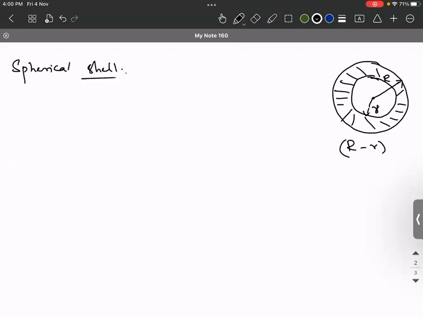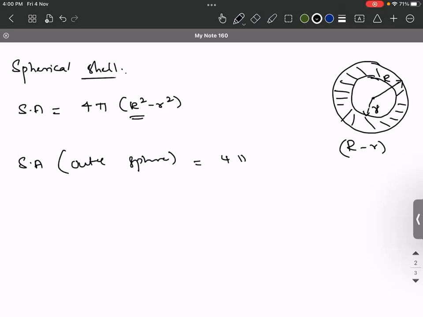what is going to be the surface area of it? Surface area will be equal to 4 pi into capital R square minus small r square. Why is it happening? Because the surface area of the outer sphere is 4 pi capital R square.